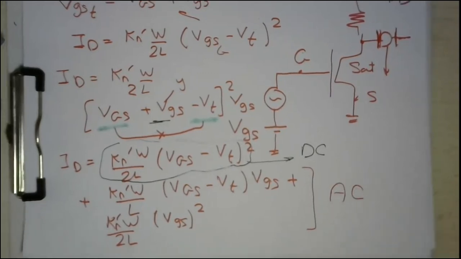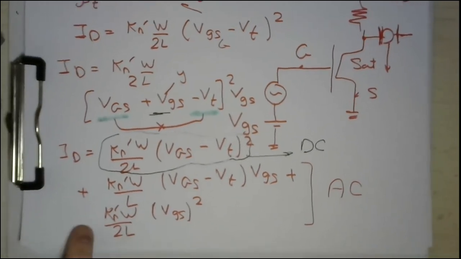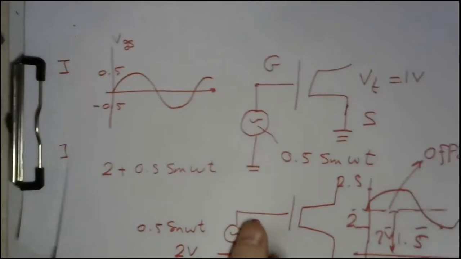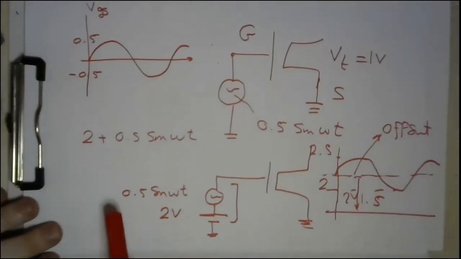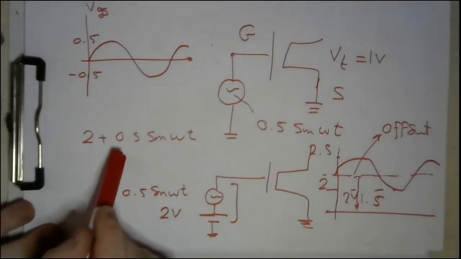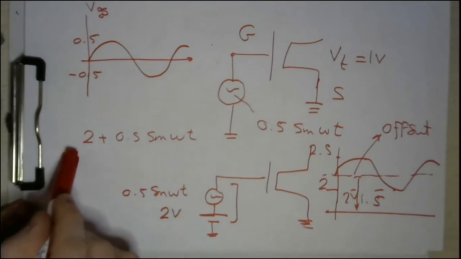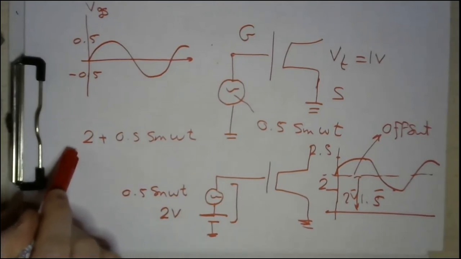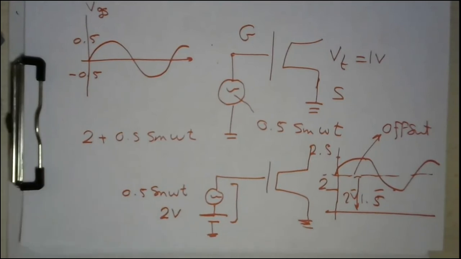The second is V capital GS minus V threshold times V small gs, and the third is V small gs squared. Both are AC components. But if you remember my example, we said that, for example, we have an input of 0.5 sine omega t, while the DC is 2 volts, which is actually not by chance.